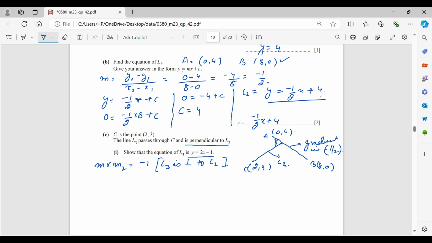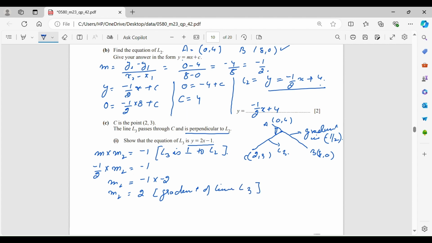Now m is minus 1 by 2 into m2 is equal to minus 1. m2 will be equal to minus 1 into minus 2. m2 will be equal to 2. So this is the gradient of line L3.